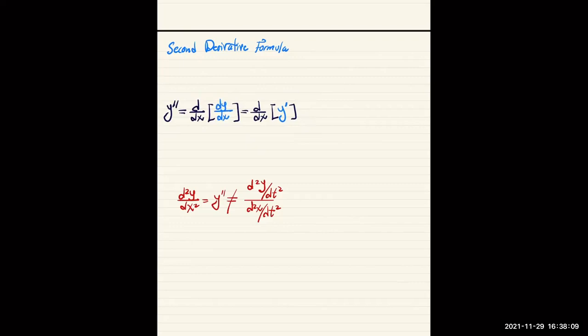Remember that the first derivative y prime that we found earlier, or dy/dx, was dy/dt over dx/dt. So this is what we discussed earlier. This is dy/dx.